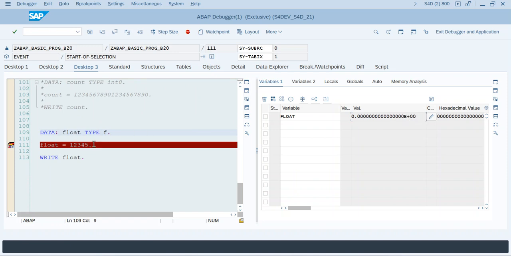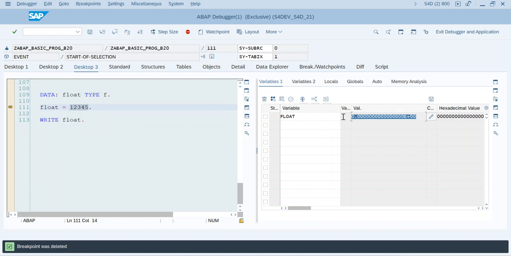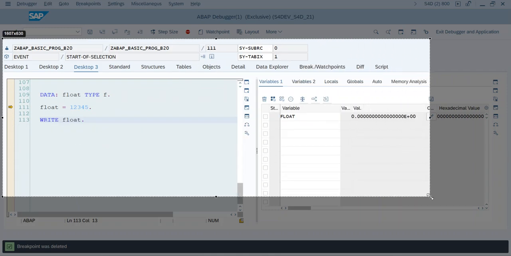What is this value? Now what I'm doing is trying to store the number 12345, but how will this value be converted to floating point? This is how floating point stores the data. The first number that you see, 1, will be stored here.